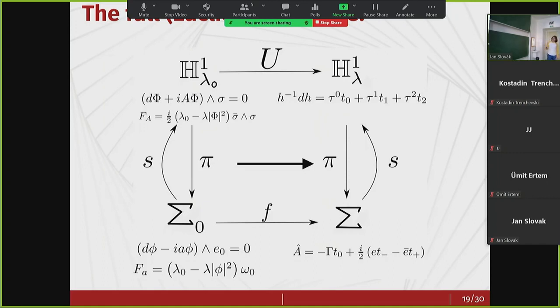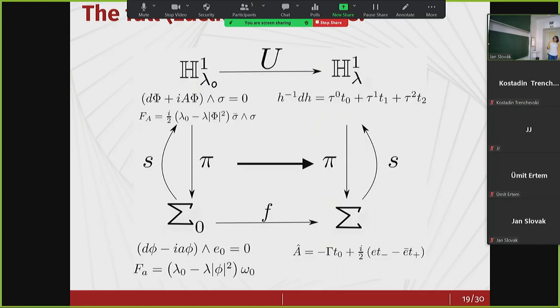So this pi is just the projection. I showed you for lambda equal to 0 and lambda equal to 1 how the projection works, because these spaces are decomposed as the Riemann surface times S1. And for the case lambda equal to -1, what we have is the Hopf fibration. So these sections, I described the two sections.